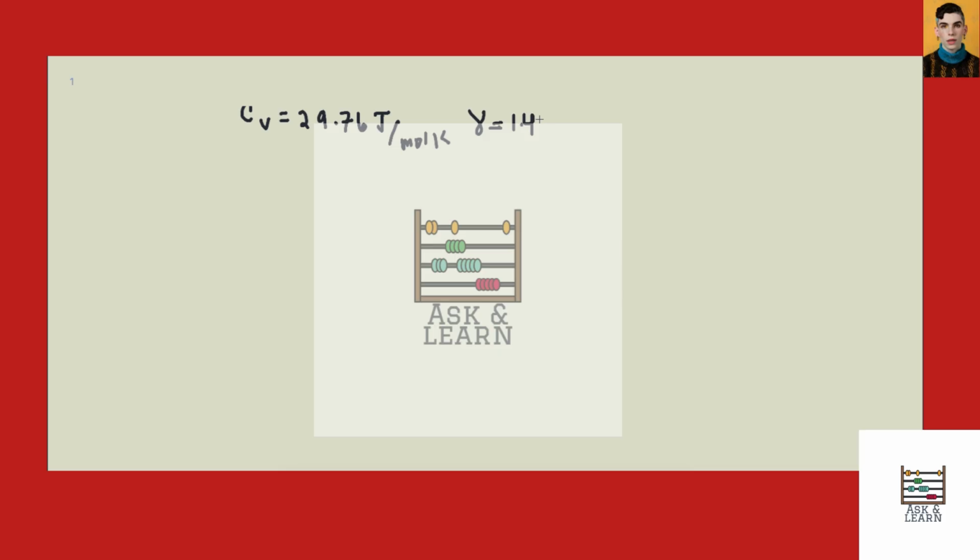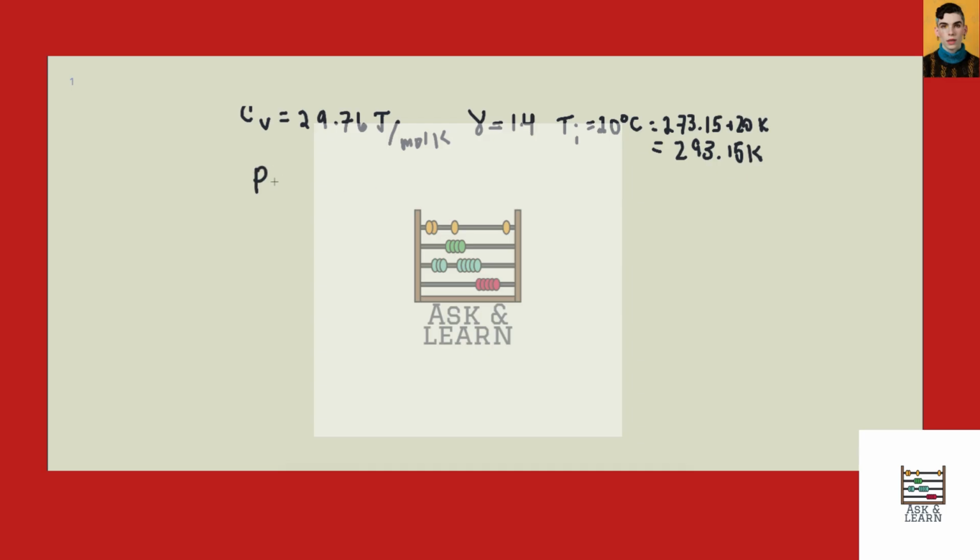Next we want to get the initial temperature. It's 20 degrees C, so we want to convert that to Kelvin for our calculations. So we just need to add 273.15 to that. So that's 293.15 Kelvin. And we want the initial pressure.